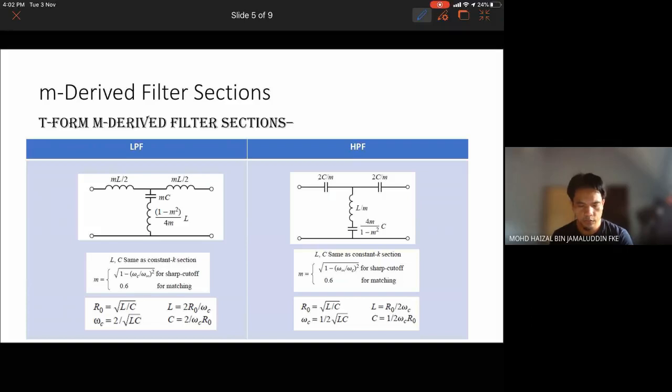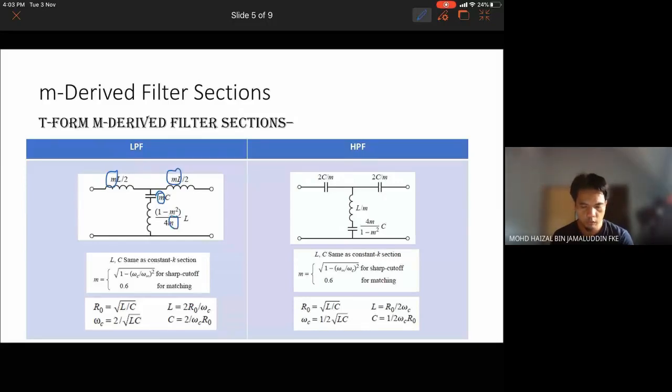For the low pass filter here, it uses the parallel branch, which has both an inductor and capacitor, and all of them have some value of m. That's why we call it an m-Derived filter section.